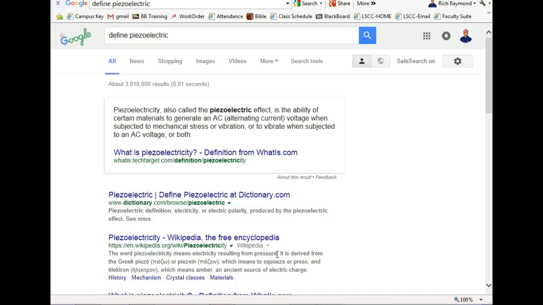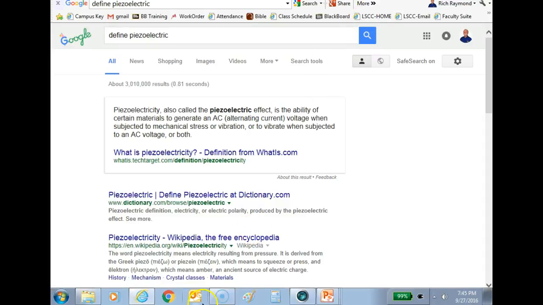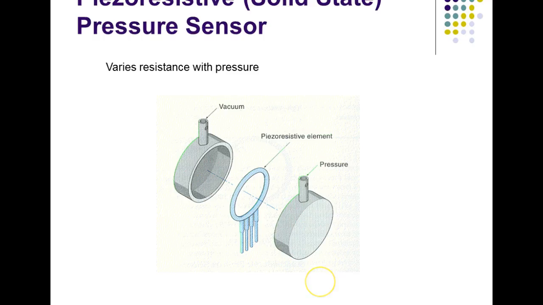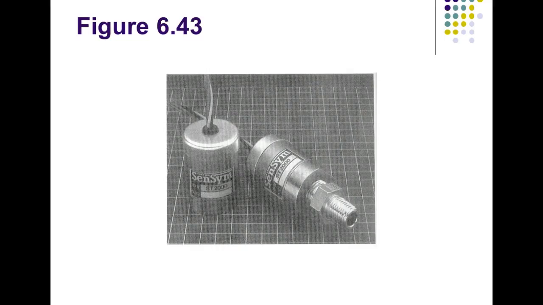You understand that? So piezo-resistive would mean what? Changes resistance with pressure. So this would be a piezo-resistive pressure sensor. This guy right here would change its resistance with pressure. And these are some solid state pressure sensors. A lot of your pressure sensors are solid state.